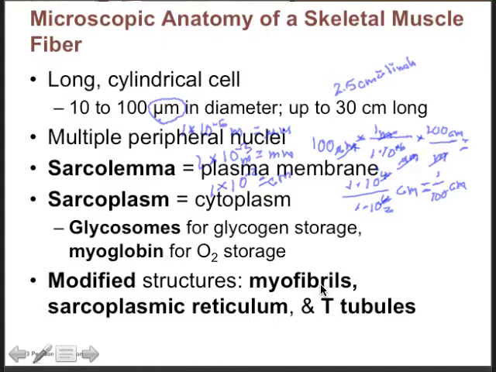The sarcoplasmic reticulum, as we're going to find out, is a modified endoplasmic reticulum, which primarily is tasked in the muscle cell with storing calcium, and the T-tubules are deep invaginations of the muscle cell membrane that allow the electrical current that's produced by the release of neurotransmitters by the neurons that talk to these muscle cells to be carried deep inside the muscle cell and begin the process of contraction.